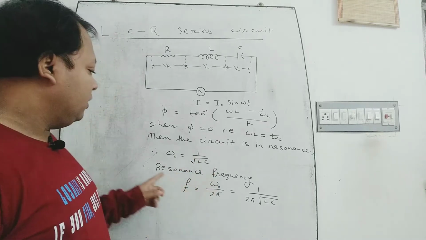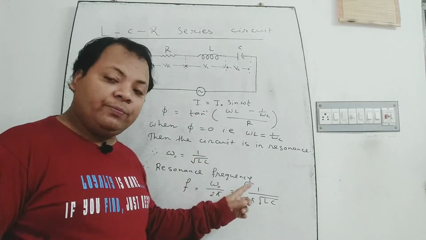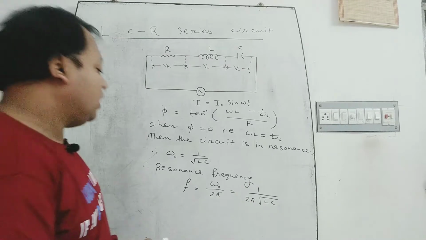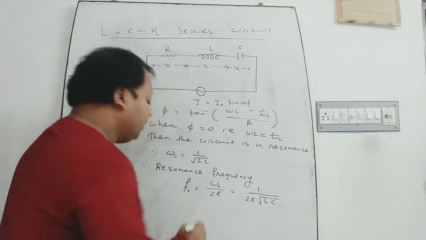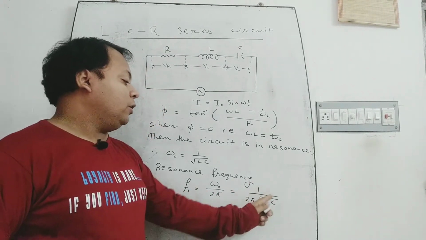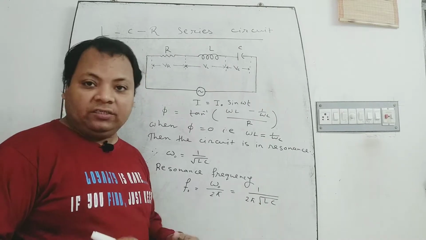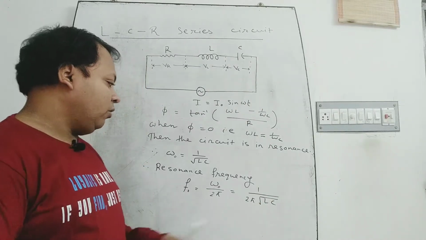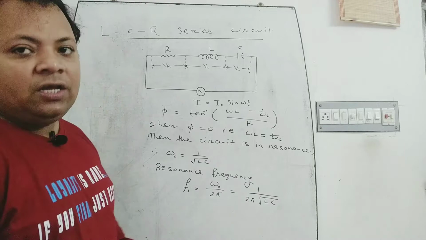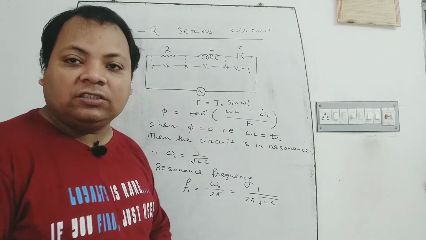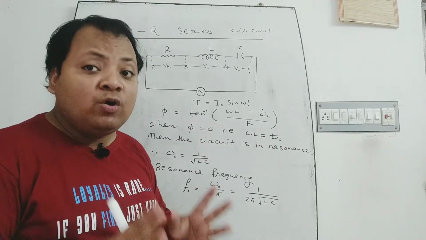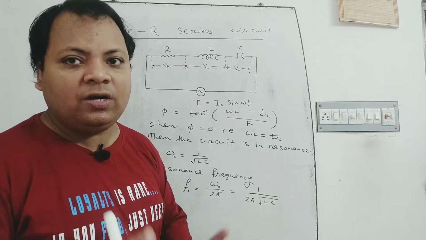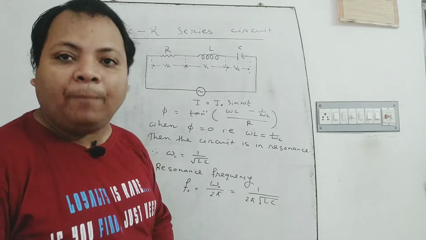In this case, the angular resonance frequency omega 0 is equal to 1 by root over LC, and the resonance frequency f0 is equal to omega 0 by 2 pi, which is equal to 1 by 2 pi root over LC. This is the resonance frequency of the LCR series circuit.